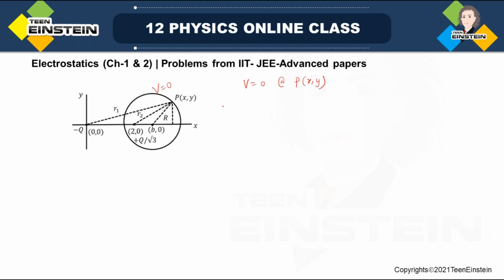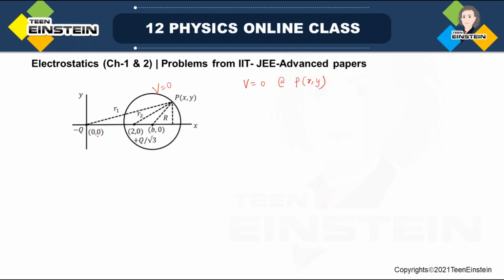Now what we can do, we can just find out the potential for this minus q charge at this point P, and the potential created by this charge plus q by root 3 at P, and then sum them up to 0, and then we will be able to get the answer. Let us see.